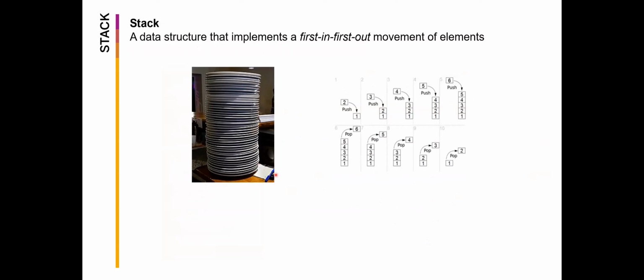Okay, one important thing to understand in the concept of recursion is another data structure, which is called the stack. You can imagine a stack of plates, as you can see in the photo.